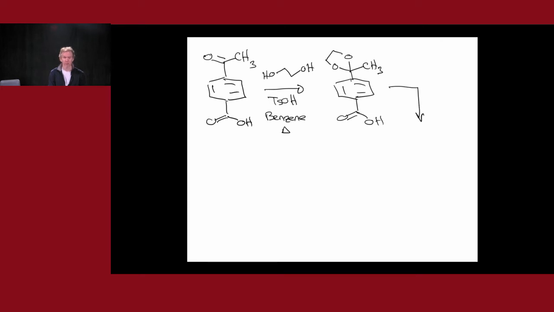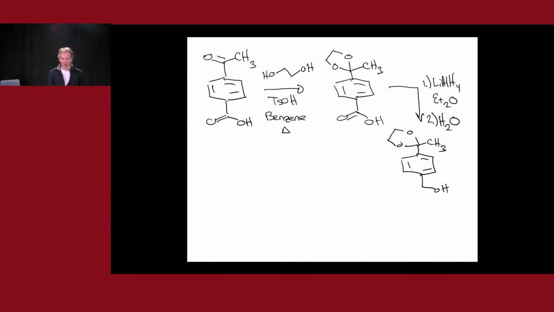It would reduce the carboxylic acid all the way down to the primary alcohol, though. So that would give us our primary alcohol that we need in our product, leaving us the ketal on what I'm drawing as the top half of the molecule.